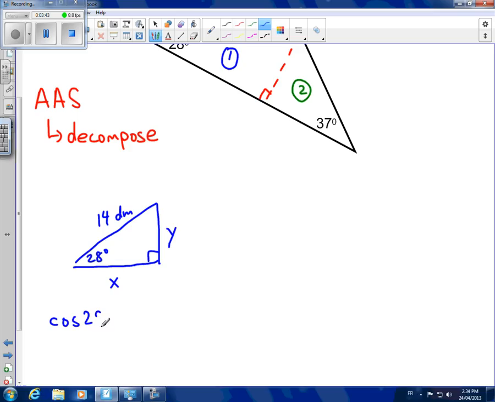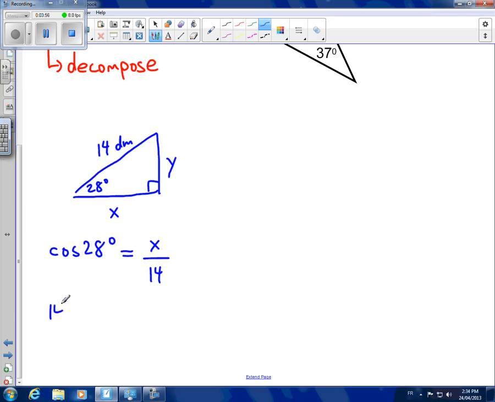Adjacent and hypotenuse is the cosine ratio. So cosine of 28 is equal to x over 14. I'm going to solve for x. 14 gets multiplied by the cosine of 28. That's exactly x, and that's about 12.4 decimeters. I'm going to go to one decimal place on this.